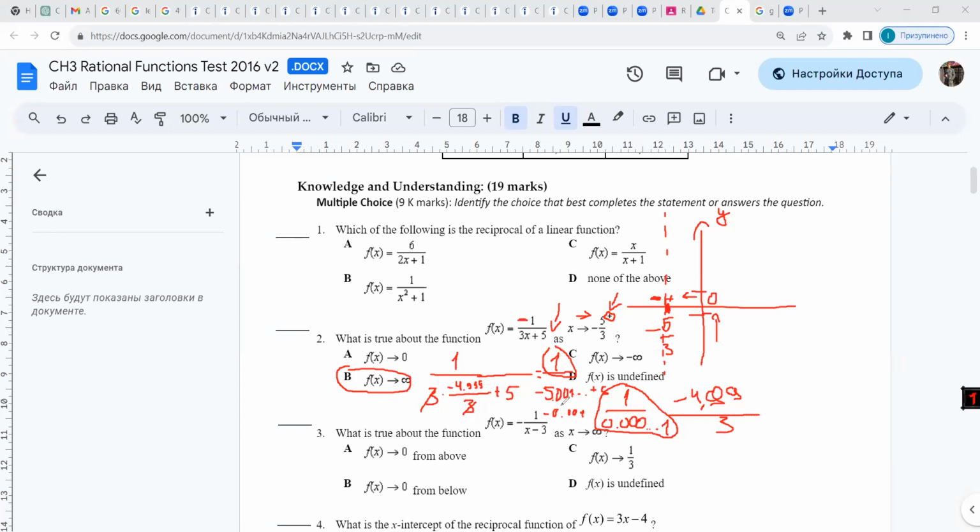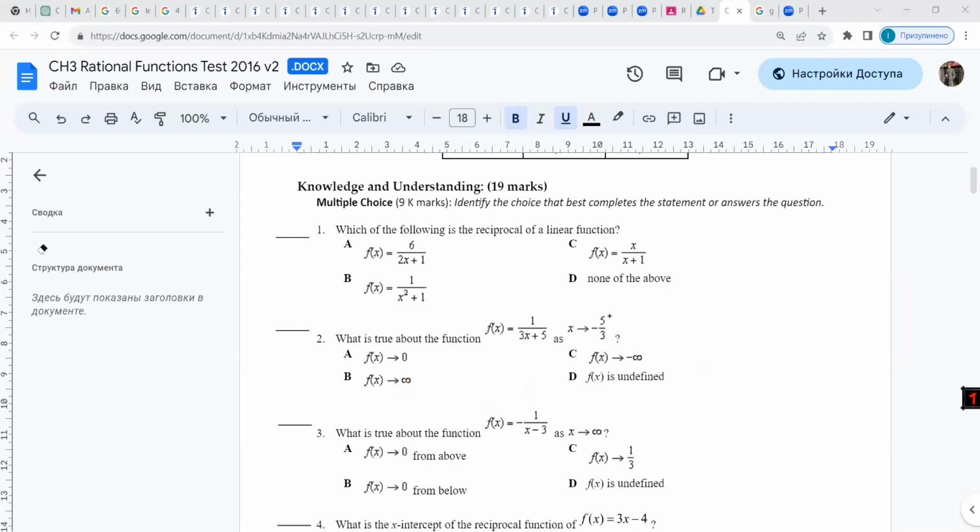Dividing 1 by a negative number that is incredibly small would give you negative infinity. So your answer would be C. But here you ask for a number from the right-hand side, from negative 5 over 3. I hope no questions about this.